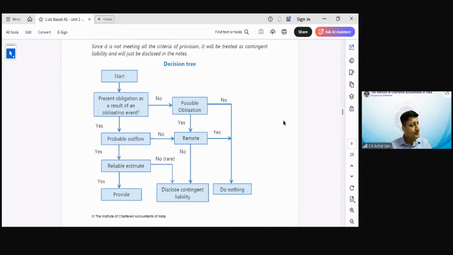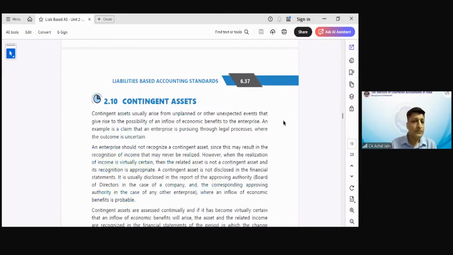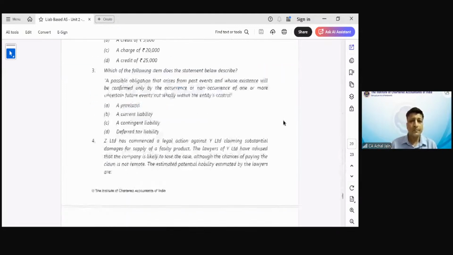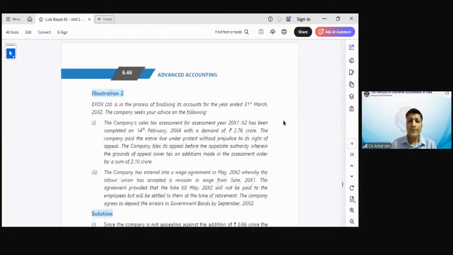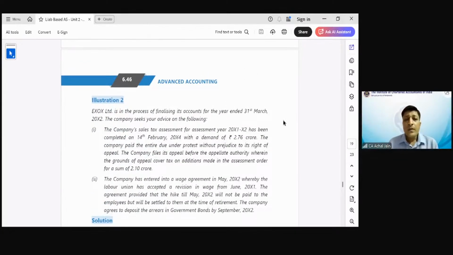Okay, so now let's look at one more example. Just a minute. Let's look at one more example. Exos Limited is in the process of finalizing its accounts for the year ended 31st March X2.